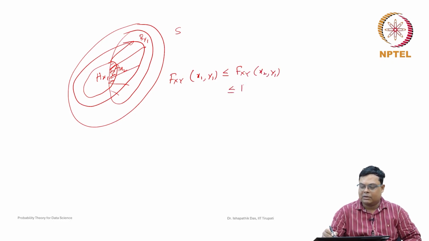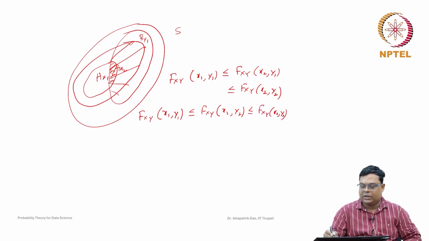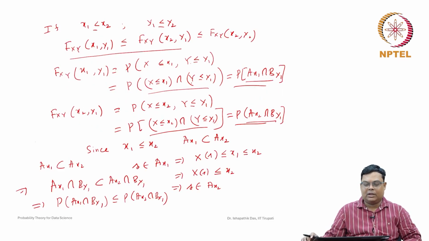Similarly, we can keep x fixed and increase the value of the second coordinate. First we fixed y1, here we fix x1, then F_XY of (x1, y2) is less than or equal to F_XY of (x2, y2). So, this is the relationship. Both these proofs can be shown very similarly.